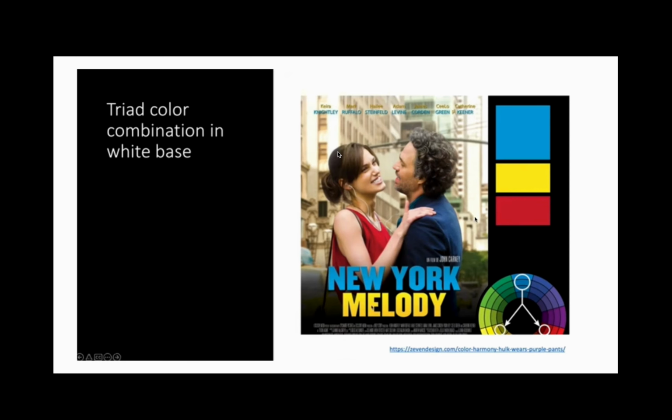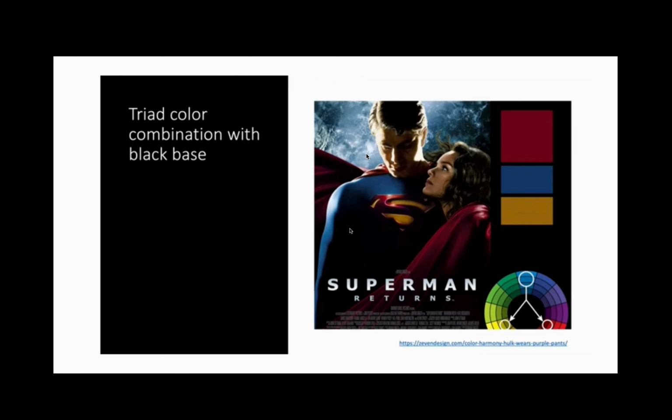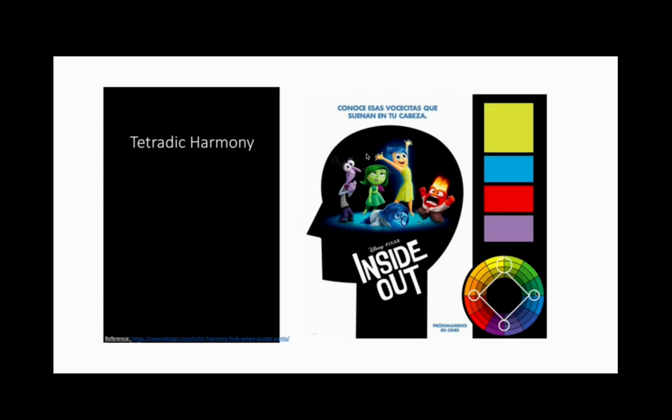Whereas this one that has the same colors is brighter, so it feels a little bit more light and airy. So that can make a big difference. It's got more of a white base. So how you choose to use those colors is going to make a huge difference in your composition.